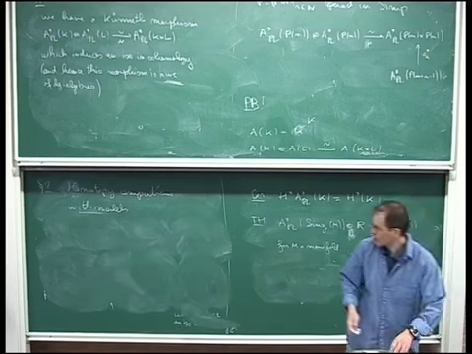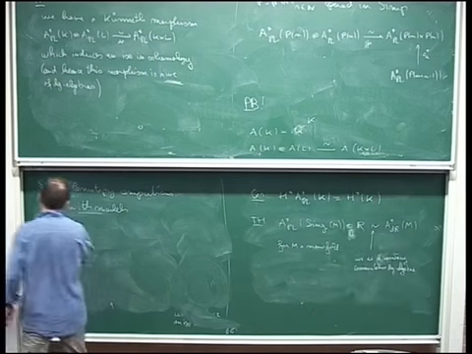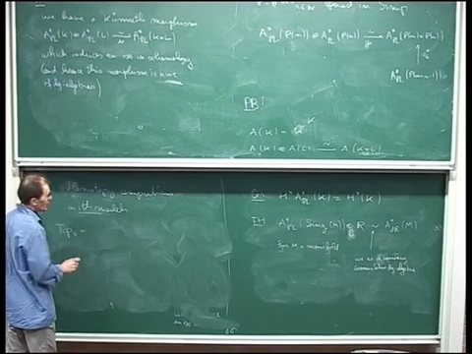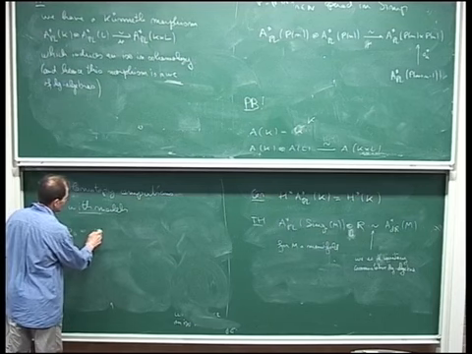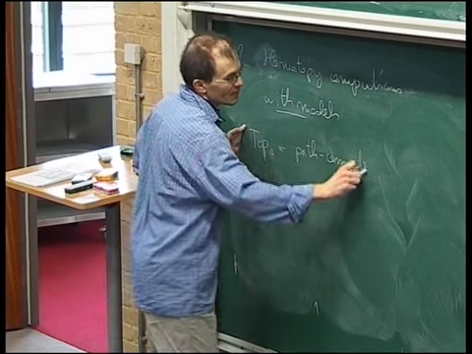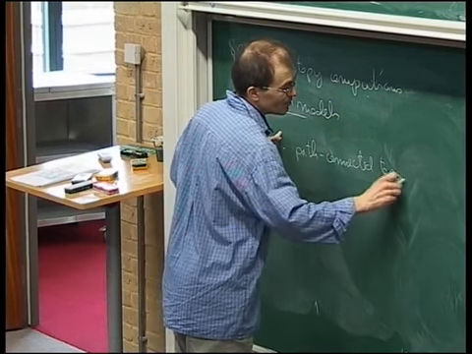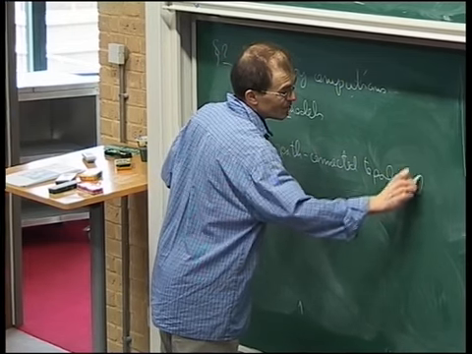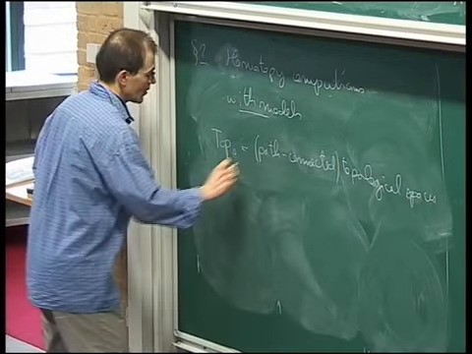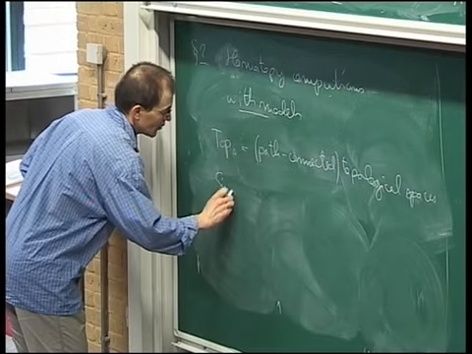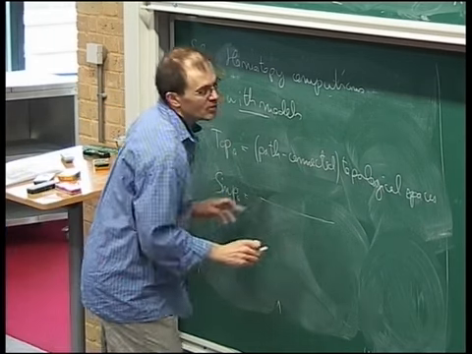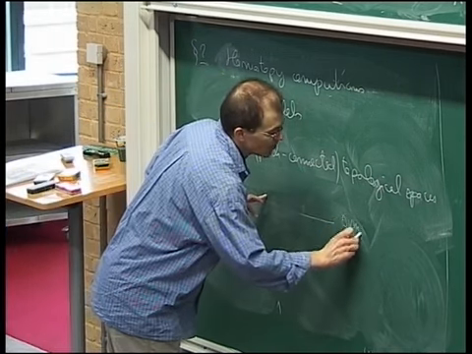So we have three categories. You have the category of topological spaces, and I will put a 0 to say I will restrict myself to path-connected topological spaces. I'm also going to consider the category of simplicial sets, and again, path-connected simplicial sets.